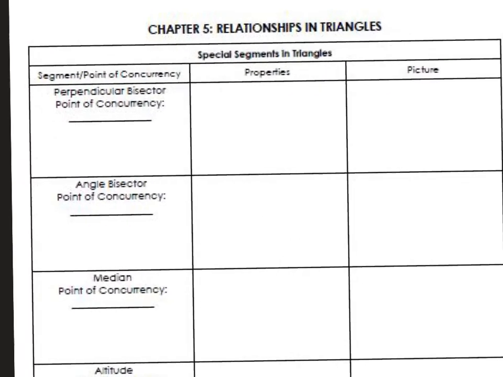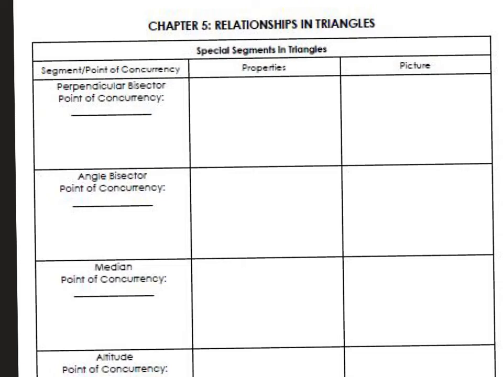All right. That brings us to today, to our special segments. So, perpendicular bisectors have a point of concurrency known as the circumcenter. Properties of the perpendicular bisectors, well, they make 90-degree angles with the side, and they go through the midpoints of the side.